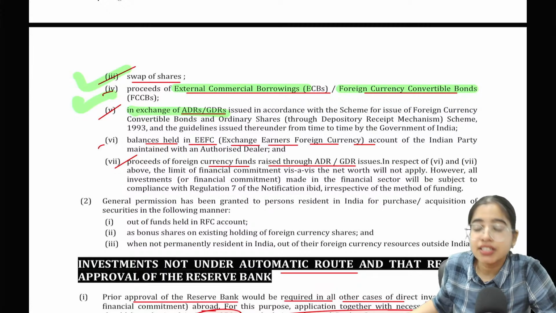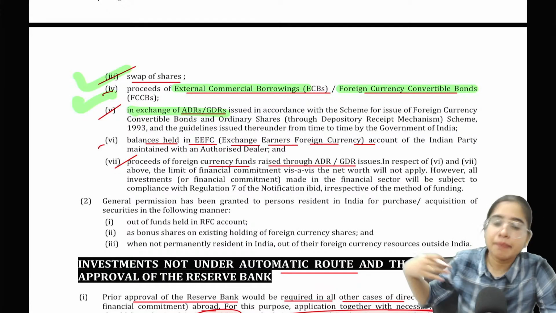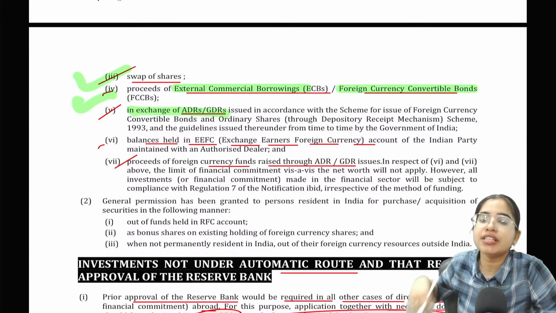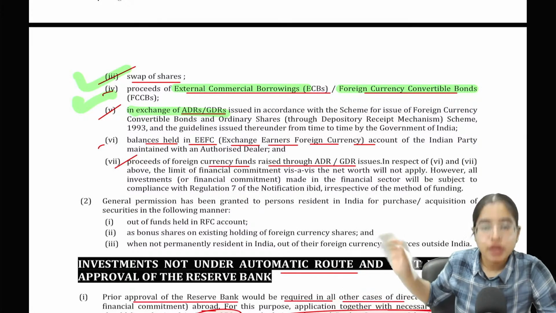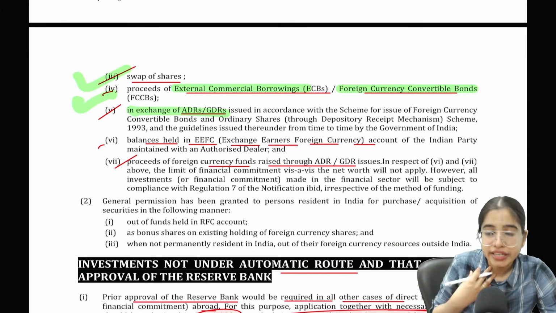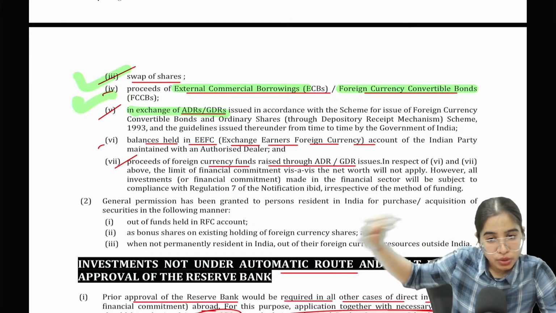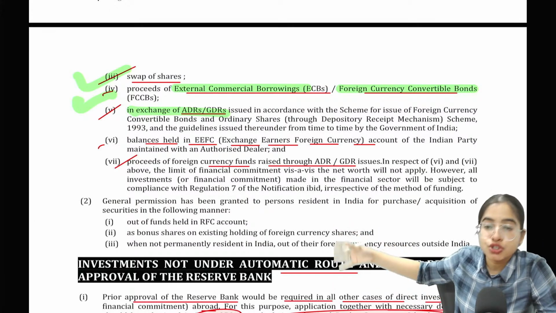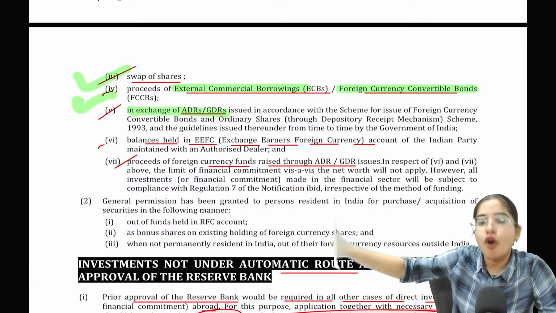Next is issuance of ADR GDR. Again, ADR GDR is like a swap of shares. You give me your shares, and I will give you my ADR GDR. ADR GDR are documents: Indian entities issue equity shares to foreign depositories, and then foreign depositories issue ADR GDR to foreign investors.